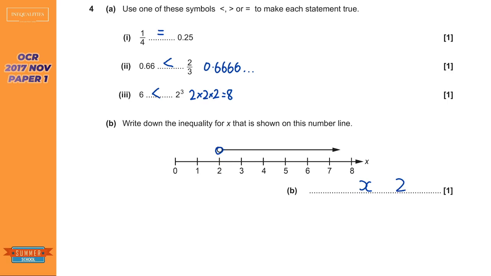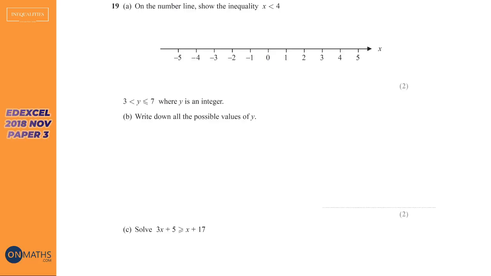So have a look at all of these numbers here that represent x. So x is all of these numbers here. It can be any of them. Well, they're all bigger than 2. So we say x is greater than 2. Now, if that dot is filled in like that, then it will have a line underneath it like that. But it's not filled in, so there's no line underneath it.